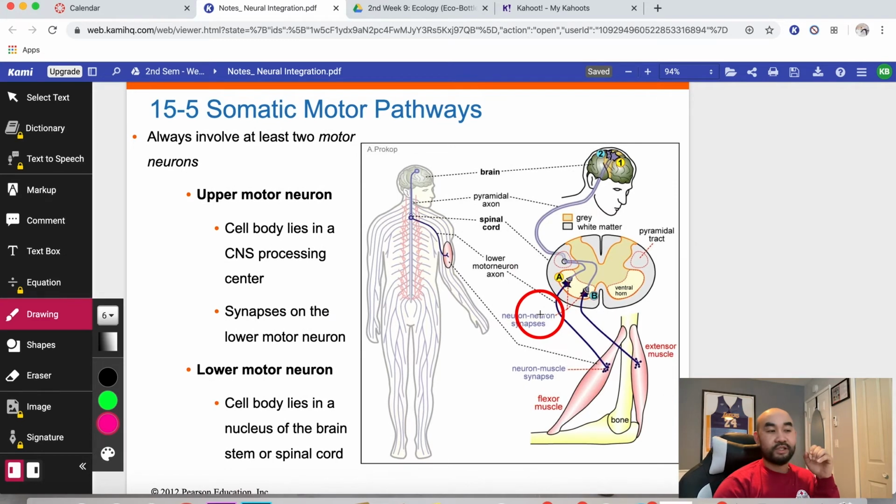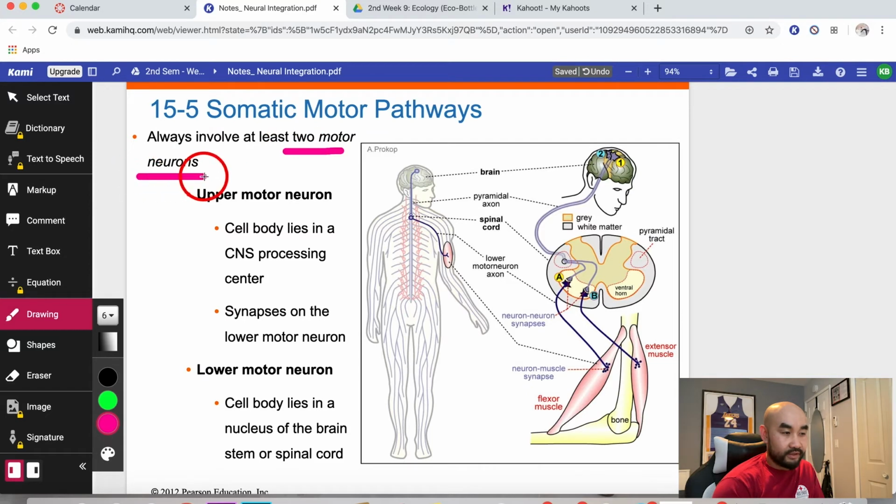Speak a little bit more on motor. How does our motor pathway work, how are the motor neurons connected? It's usually by two motor neurons. You have one coming from the brain and another one coming out from the spinal cord to connect to your muscle, because remember, this is motor, somatic, right? Somatic, something I have control of, not autonomic, right?